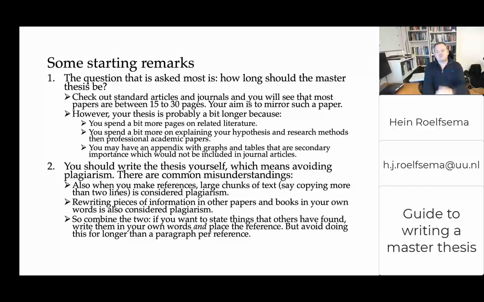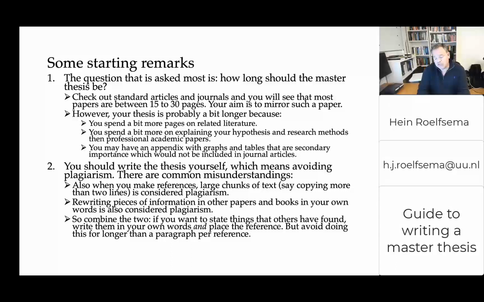But I think that a good line of thinking is that ultimately in university we are interested in providing academic output. And this is a bit of a test whether you, as a master student, are able to complete more or less a finished academic article, or at least come close to it.